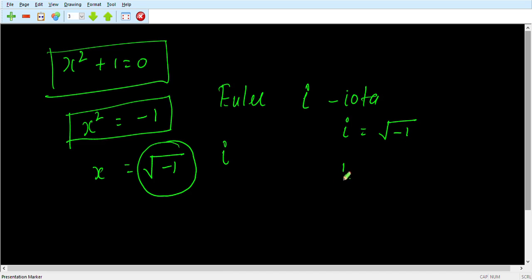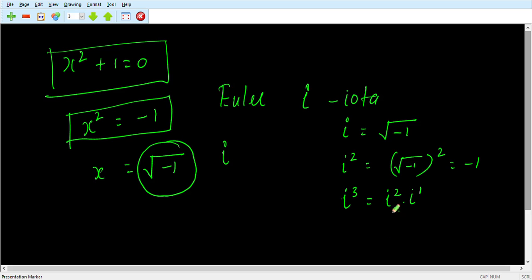If I square iota, both sides get squared and the value will be minus 1. If I find the cube of iota, I can write iota to the power 2 into iota to the power 1.